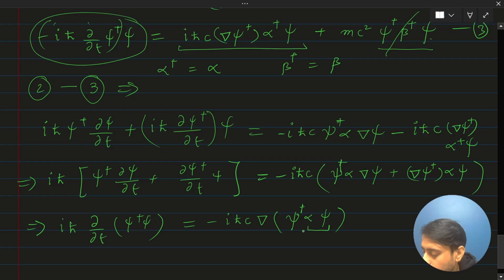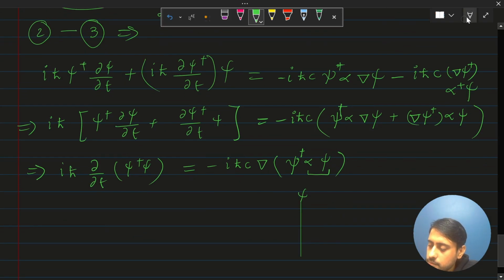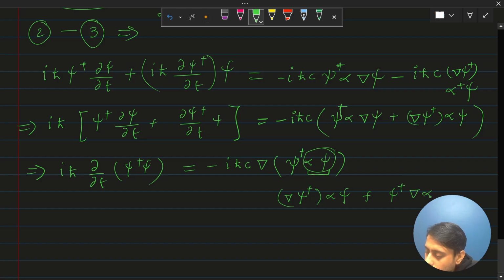You put ψ† as the first term, take the derivative of it, so you write ∇ψ† then α ψ, then the derivative of the second term: ψ† and ∇ of αψ.